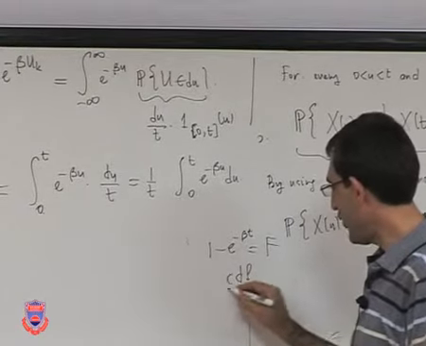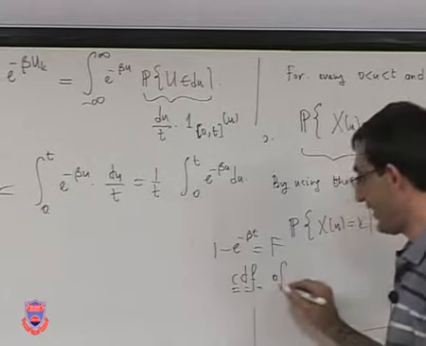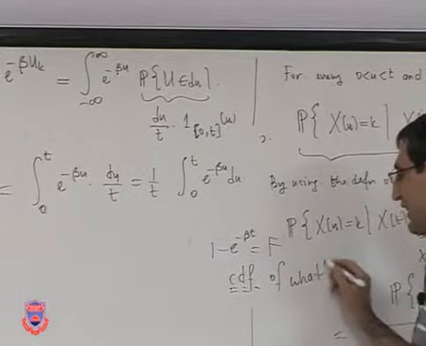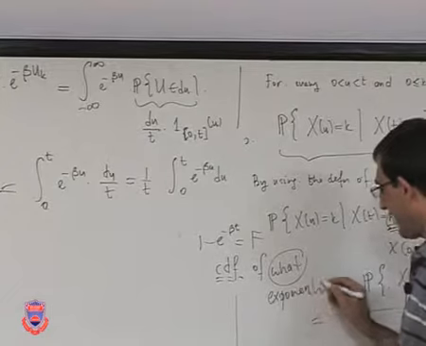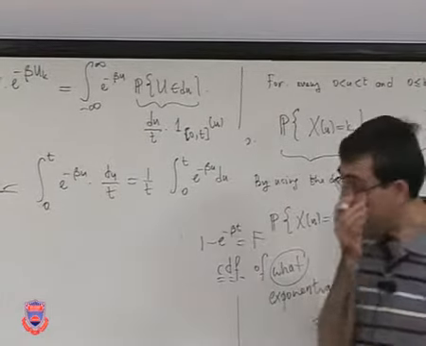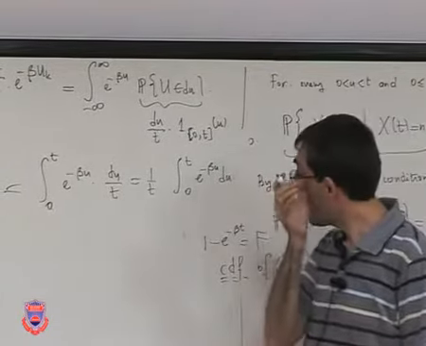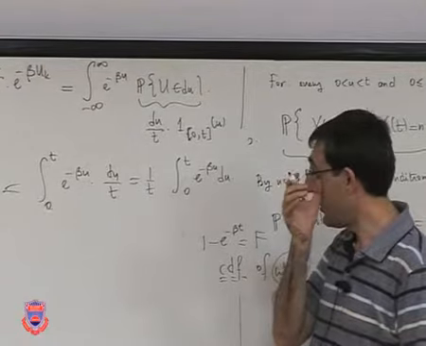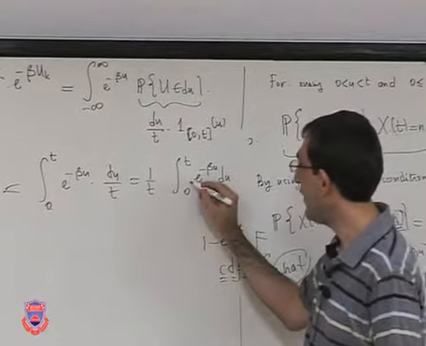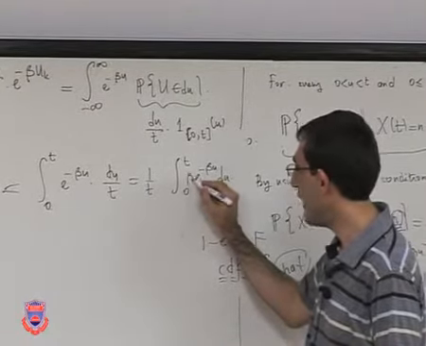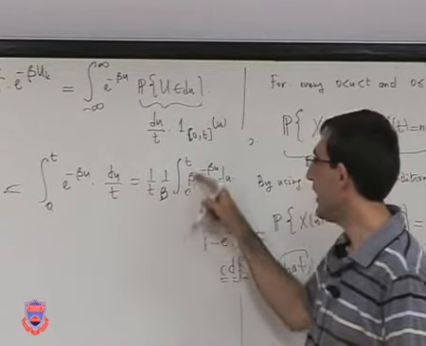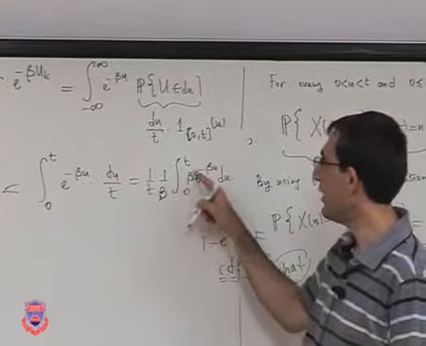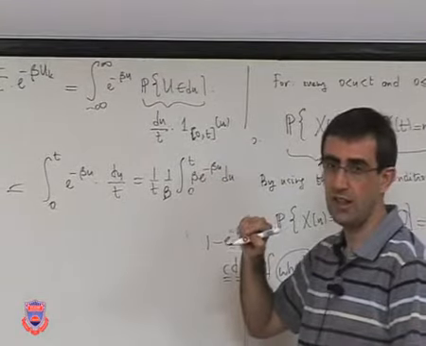CDF. Cumulative distribution function of what? What is important? Exponential. Yeah. So every time I see such an integral, I don't look at it like an integral of some exponential function. I look at it that if I multiply with beta and then dy, I am actually trying to calculate the probability that an exponential random variable is less than or equal to t.